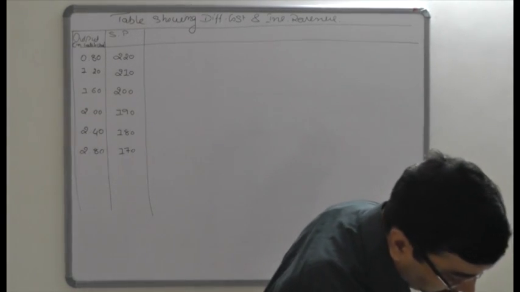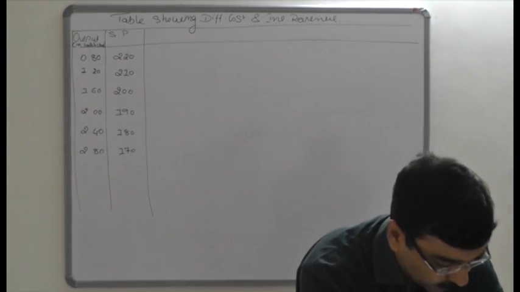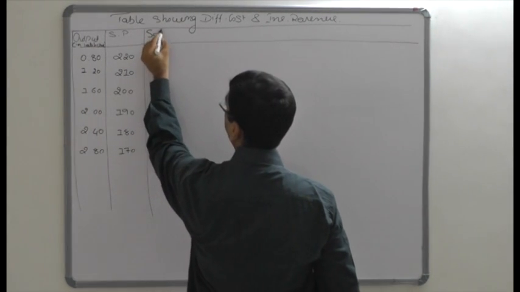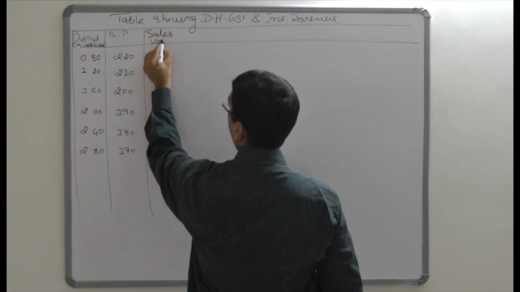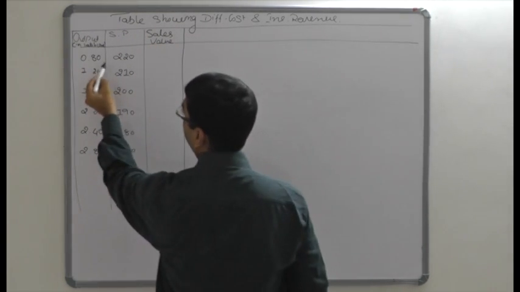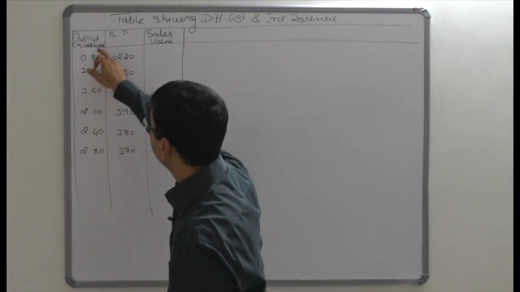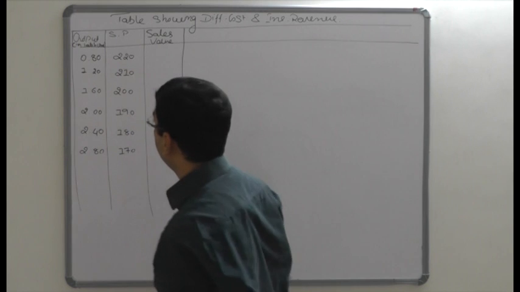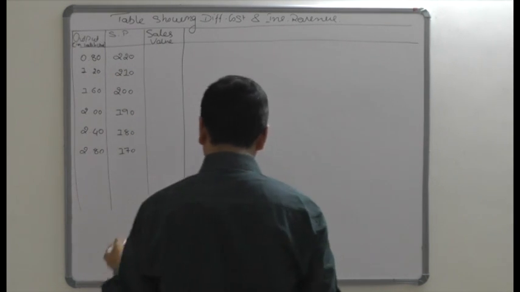From these 2 columns we will identify the sales value. How can you identify the sales value? It is very easy when you multiply these, because output is given in lakhs of units and the selling price is given per machine, per unit. So we need to multiply this and we'll identify the sales value.